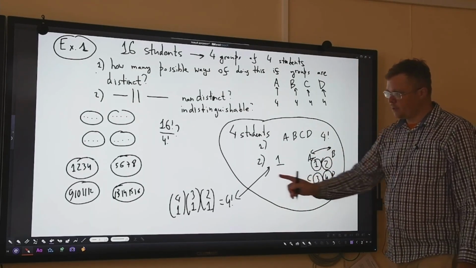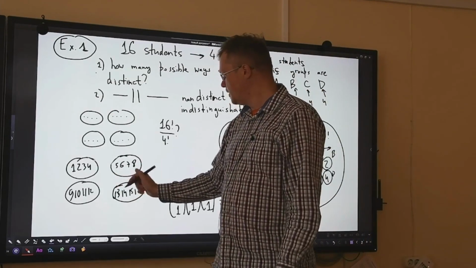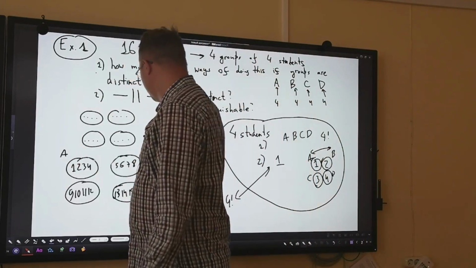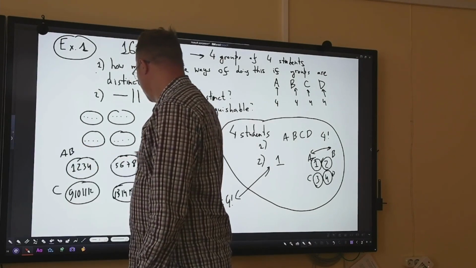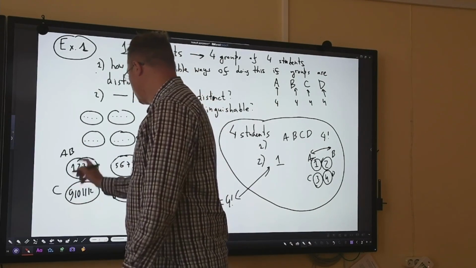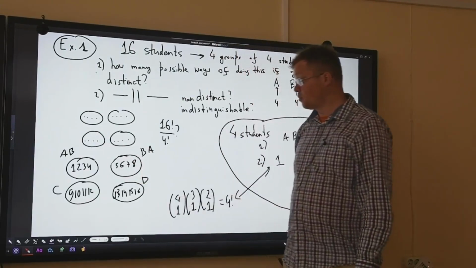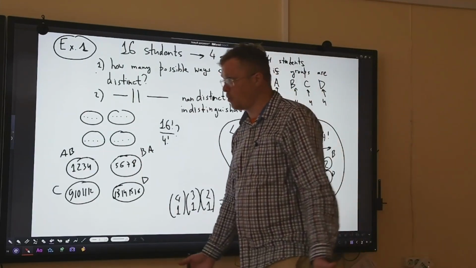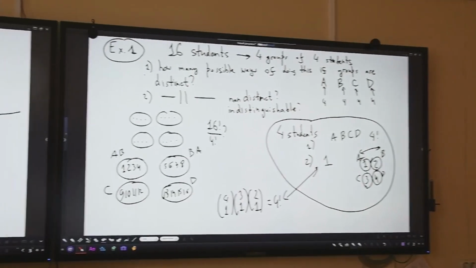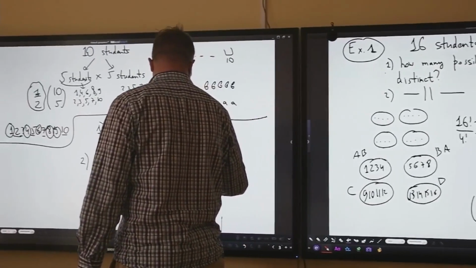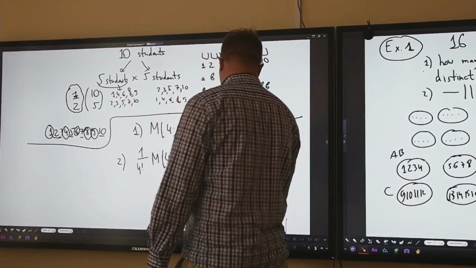And so, for example, if I have this distribution, then I can imagine that I have all possible ways of choosing the letters for these groups. And they're exactly 4 factorial for them. So for the second will be 1 over 4 factorial of M of 4, 4, 4, and 4, which is 16 factorial over 4 factorial to the 5th power.